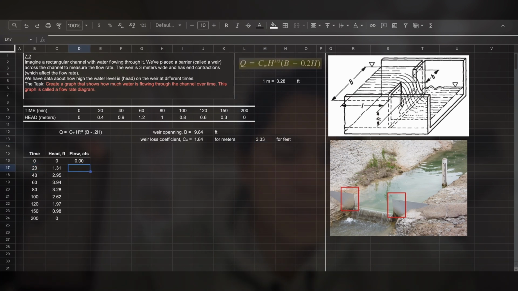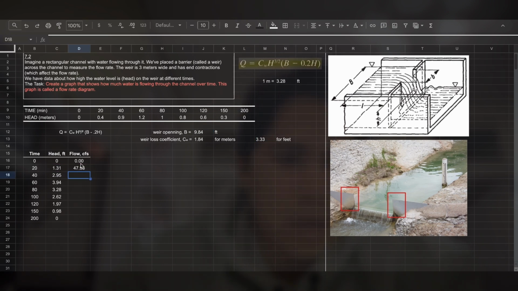So this is going to be Q, equal to the weir coefficient in feet, the absolute value of that, times h, the head in feet, to the 3/2, times the opening, which is 9.84 feet, and we want the absolute value of that as well, minus 0.2 times the head again.